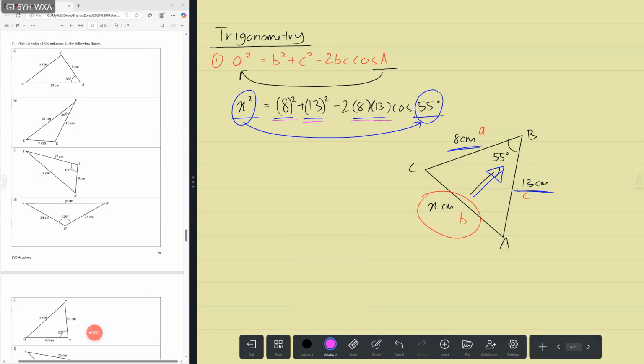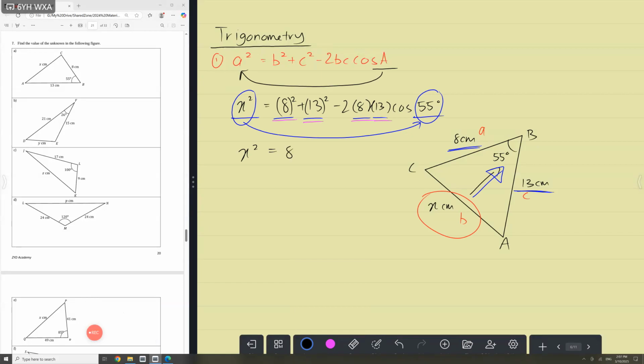So what you need to do next is simply calculate x squared equals 8 squared plus 13 squared minus 2 times 8 times 13 multiplied by cosine 55. Punch the numbers in your calculator and tell me what you have. Yep, and you will get 83.696.